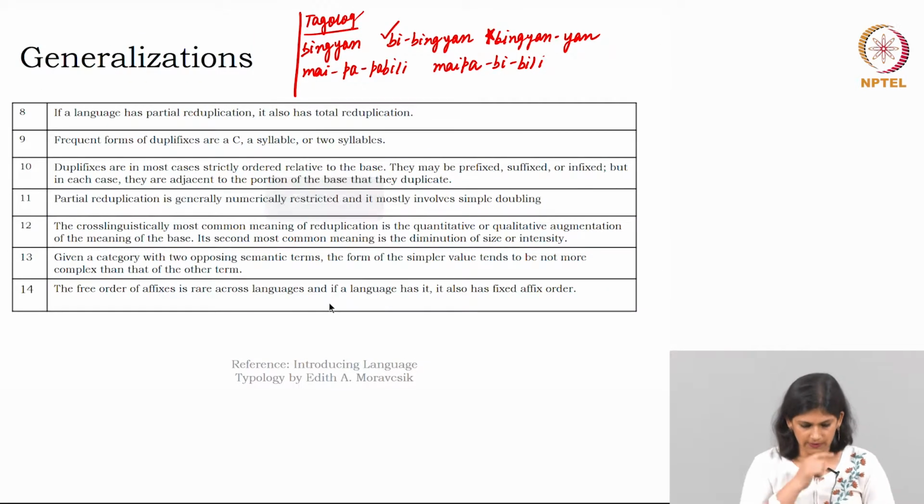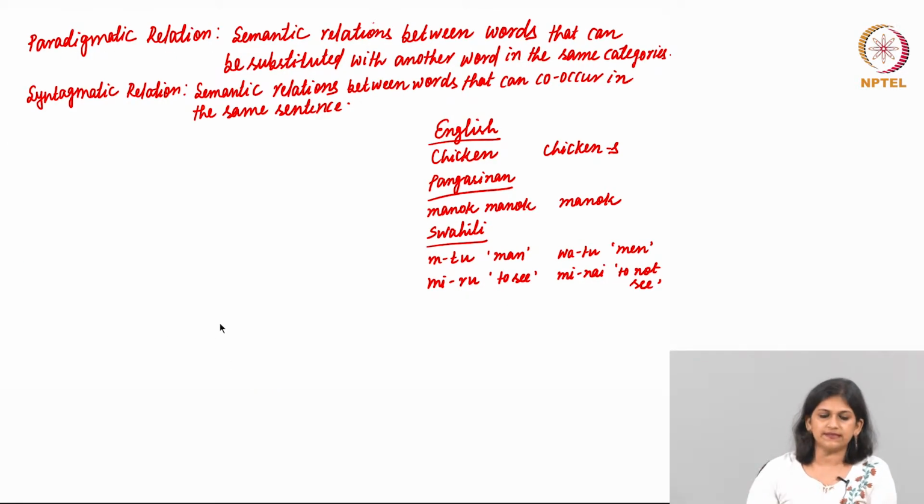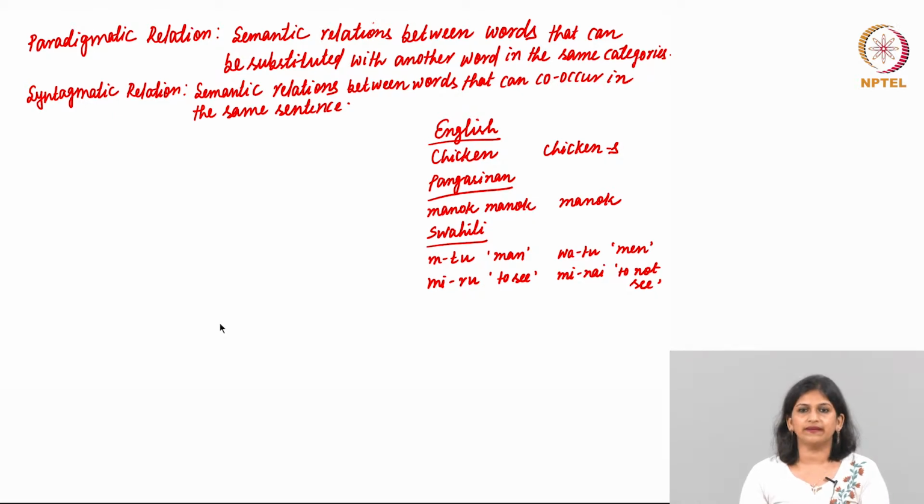Now, let us move to the 14th generalization. Before that, please read the paradigmatic and the syntagmatic relation. You might have to understand it when I ask you some questions related to it. Paradigmatic and syntagmatic are the semantic relations that we discussed in morphological typology. What happens in syntagmatic relations? In such case, semantic relations between words that can co-occur in the same sentence.